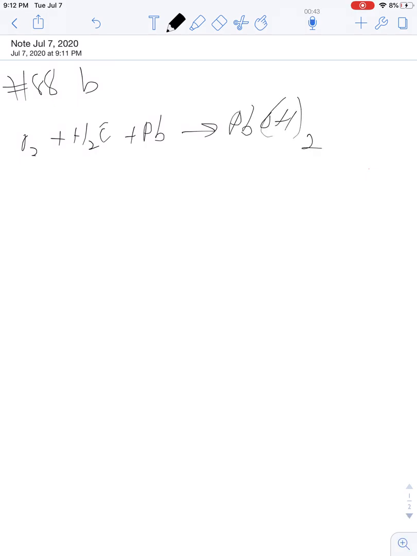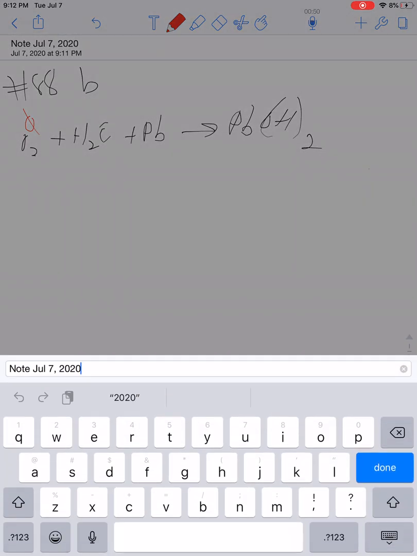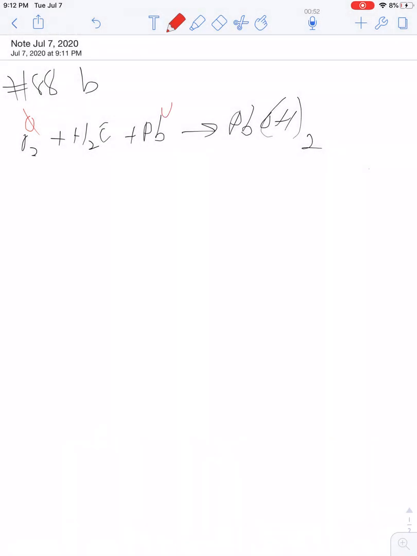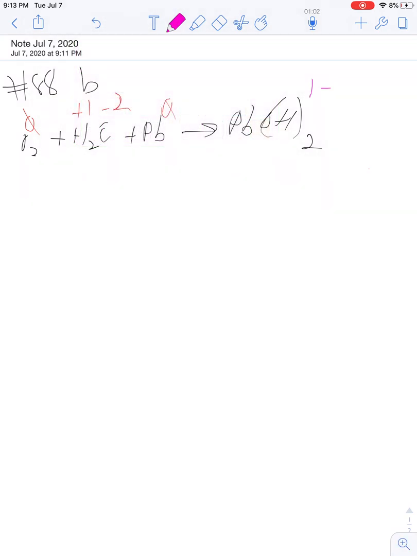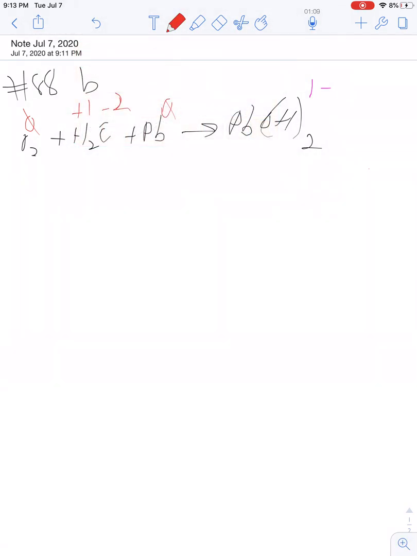So the first thing we have to do is assign oxidation numbers. So elements are 0. So my lead over here is 0 as well. Oxygen is -2. Hydrogen is always +1. The charge on the hydroxide is a -1. So that means everything inside must add up to -1. So this is +1, this is -2, so yes, it does add up to that charge.